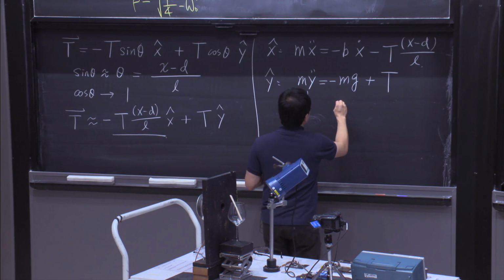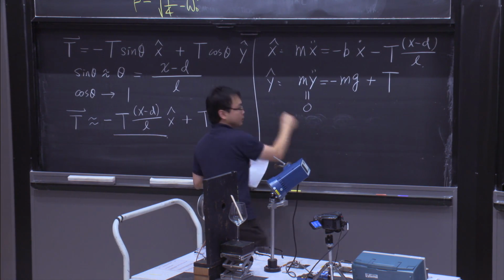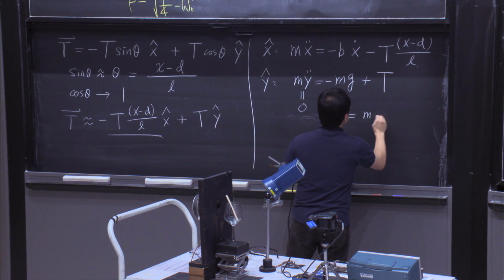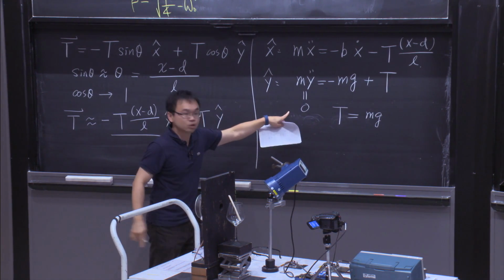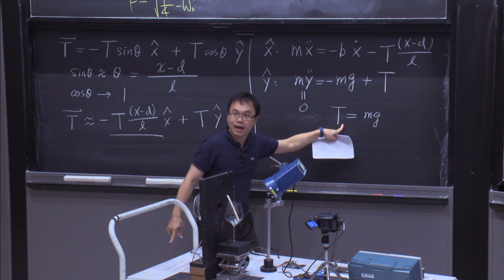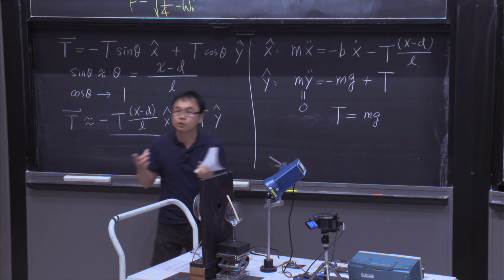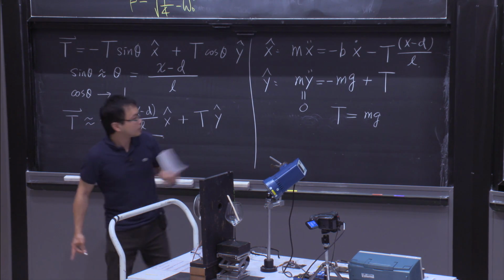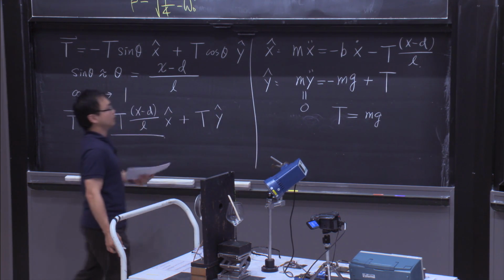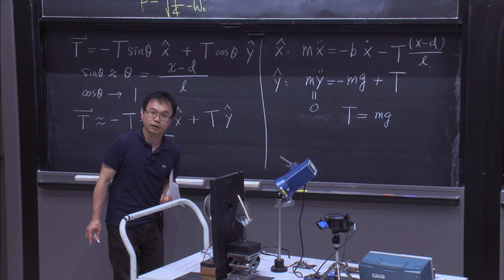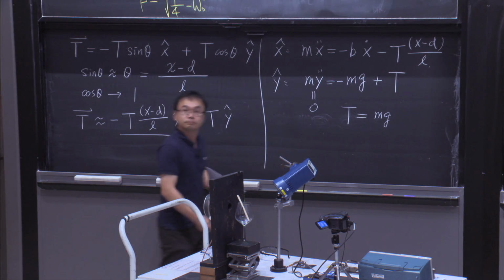Okay, so now from this y direction, I can solve T will be equal to mg, right? Because I assume that there's no y direction motion, then I can conclude that, originally I don't know what the string tension is, right? It's denoted by T. Now, from this second equation, I can conclude that T will be equal to mg, which is the gravitational force.